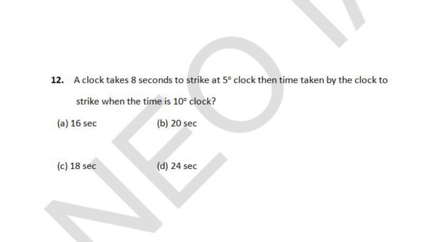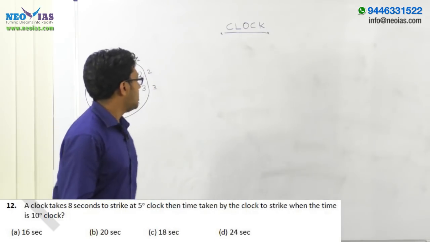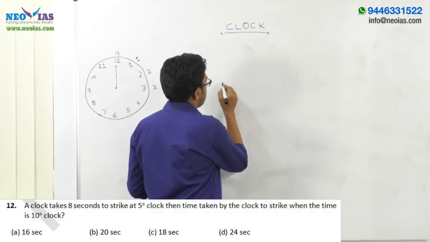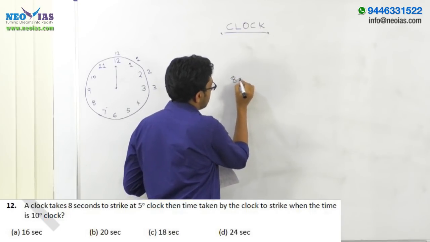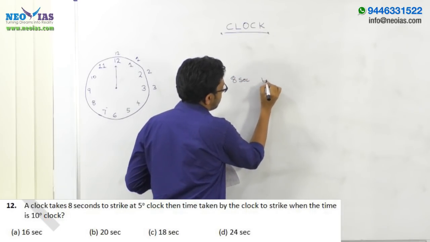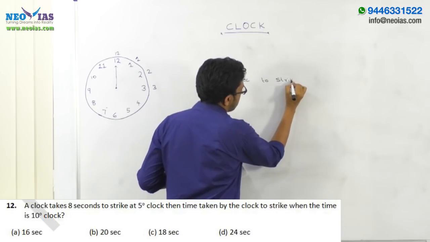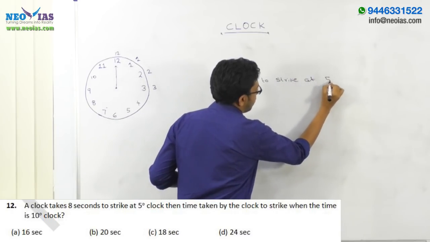Okay. Last question is, a clock takes 8 seconds to strike at 5 o'clock, then what is the time taken by the clock to strike when the time is 10 o'clock? It is said that a clock takes 8 seconds to strike at 5 o'clock.